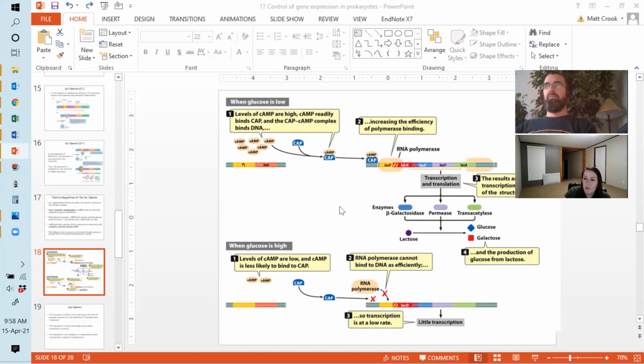Can the CAP work without the cAMP, or does it need the cAMP? It needs the CAP, the catabolite activator protein, to detect the levels, right? So really, cyclic AMP is a proxy for glucose levels, and in humans as well, right?